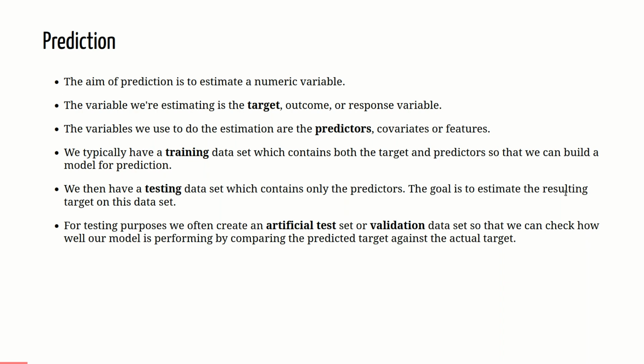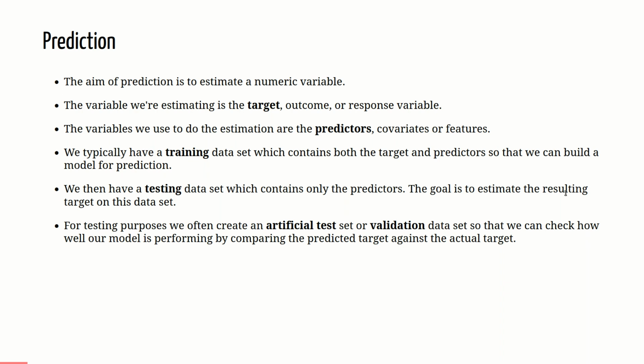And so a few definitions of things. The variable that we're estimating is typically called the target, outcome, or response variable. And the variables that we're going to use to estimate the target will be the predictors, the covariates, or the features.